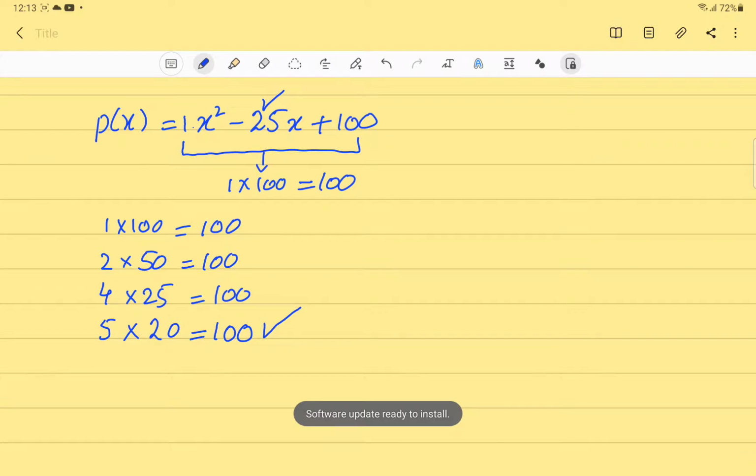So instead of minus 25x, we can break it down into two parts, that is 5 and 20.